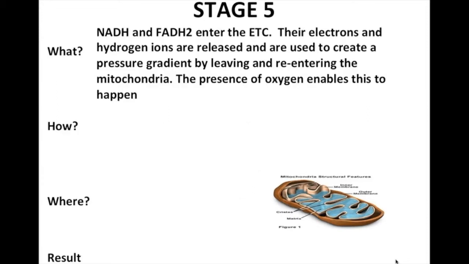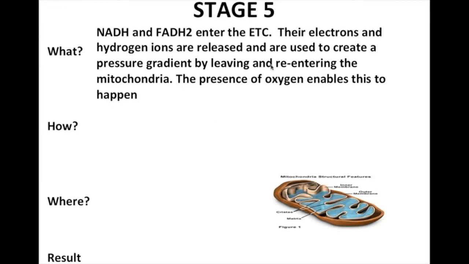So in the electron transport chain, the electrons and the hydrogen ions are broken off these two compounds here, and they're used to create a pressure gradient. So this is all happening inside of here, and what happens is that the hydrogen ions and the electrons get passed along inside this compound, and they're pushed in and out of this little cell, and the pushing generates pressure, a pressure gradient.